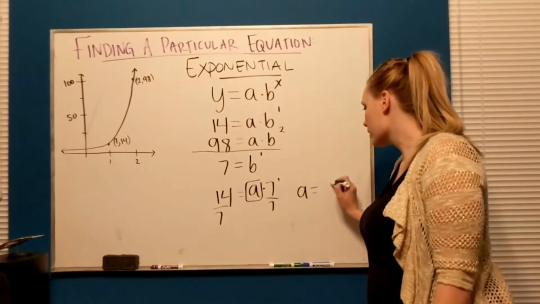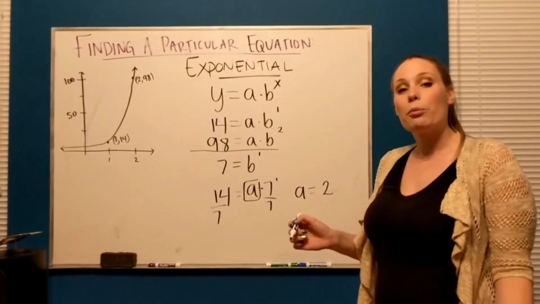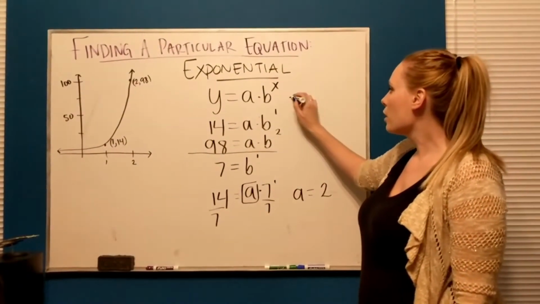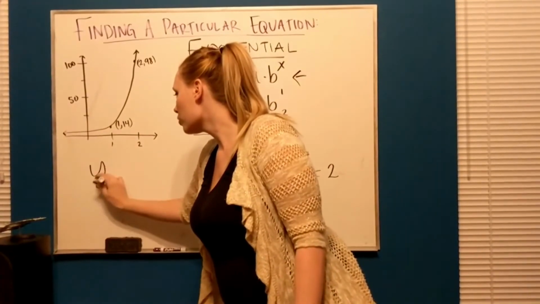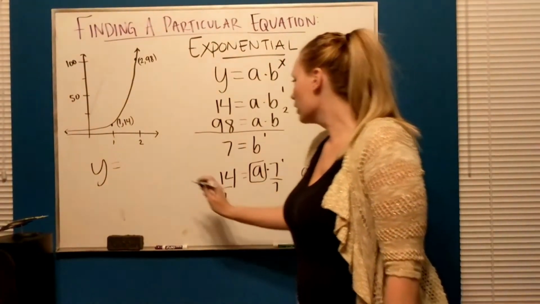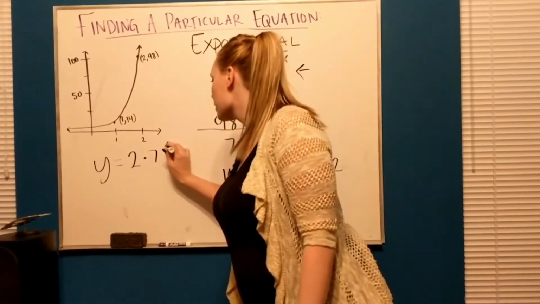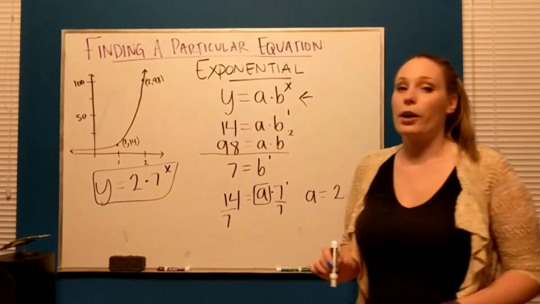A is 2. We found both of our unknowns. B is 7, A is 2. Plug them right back into there. Our particular equation is y equals 2 times 7 to the power of x. That was pretty awesome.